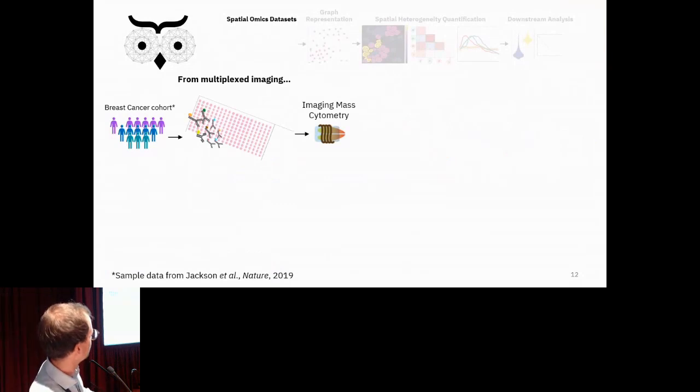So for the rest of the talk, I will use a breast cancer cohort data set, which was produced with this imaging mass cytometry technology that I presented earlier. And now I will just show some schematic visualizations of what we characterize in those graphs and how this actually looks in those samples from this cohort.